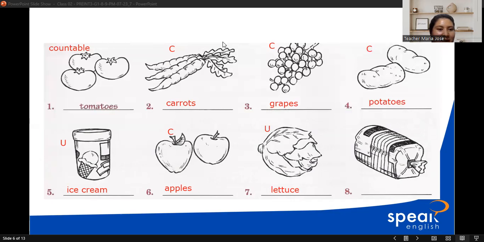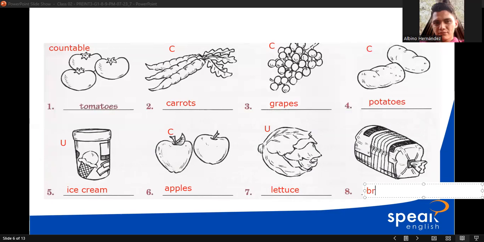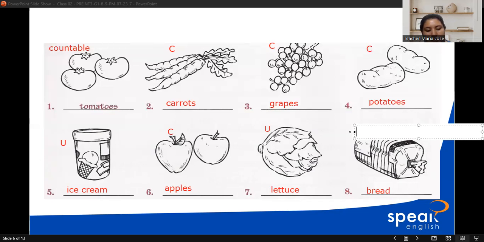All right, what about number 8, Albino? Bread, it is uncountable. Perfect. Okay, nice. Now I'm just going to save this. Give me a second, and I will send it to your chat so you can have it.